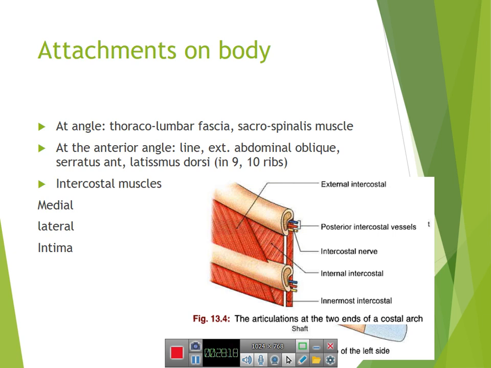Do you remember the upper border of the rib? Yes, exactly. We had two lips, outer and inner. The outer lip is for attachment of external intercostal muscles, and the inner lip is for attachment of internal and innermost intercostal muscles.